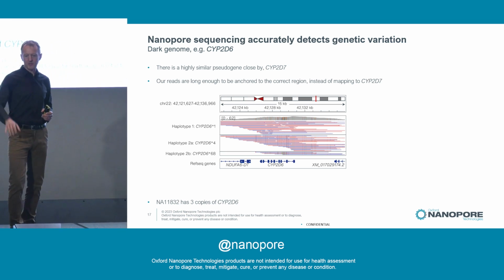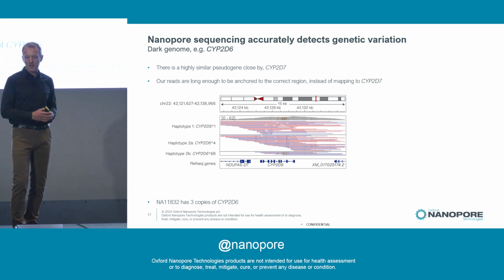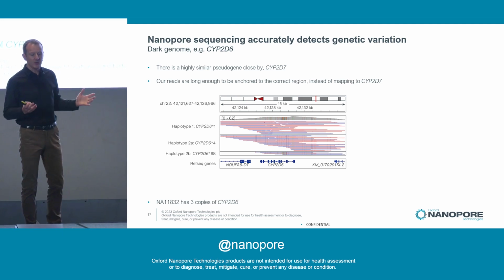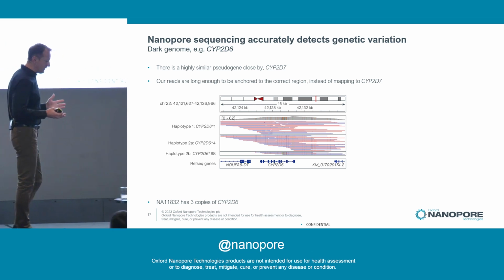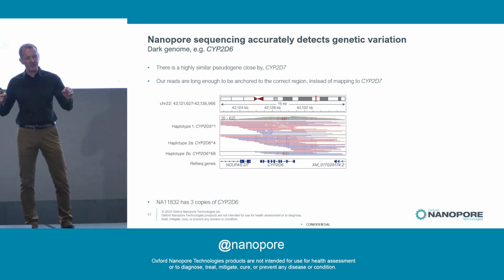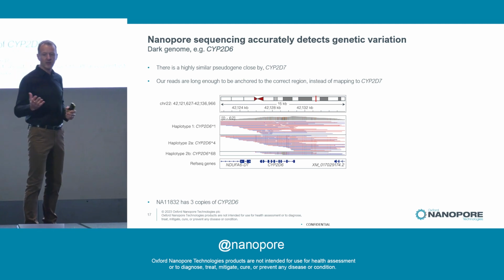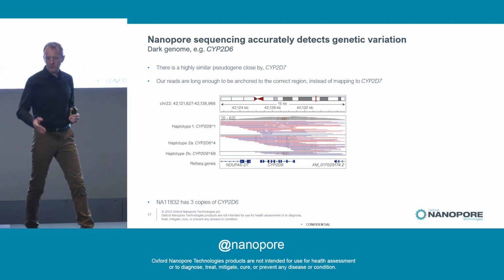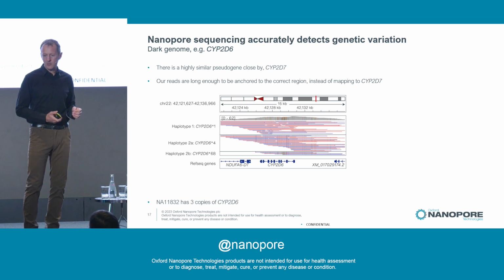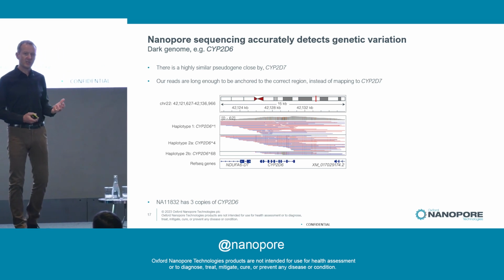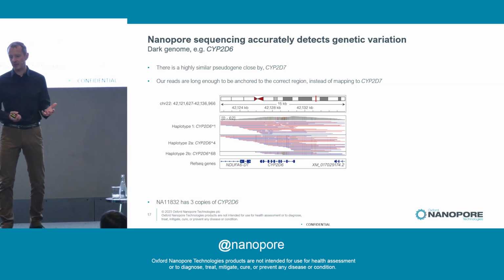So here's an example. This again is CYP2D6. You need long reads here because of the nearby pseudogene; you need to be able to anchor the reads that you have from 2D6 in the unique sequence at either side. But we can do that. When we look at this sample, which is NA11832, we can see that this individual has 3 copies of CYP2D6.